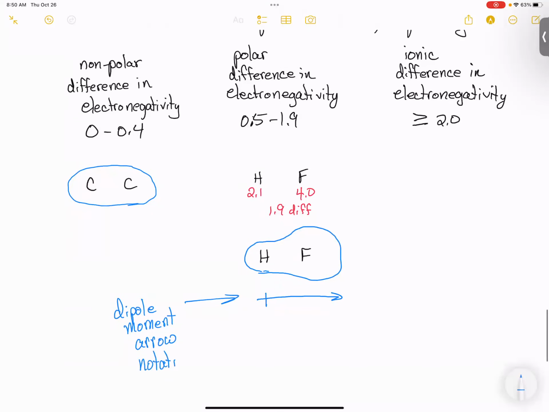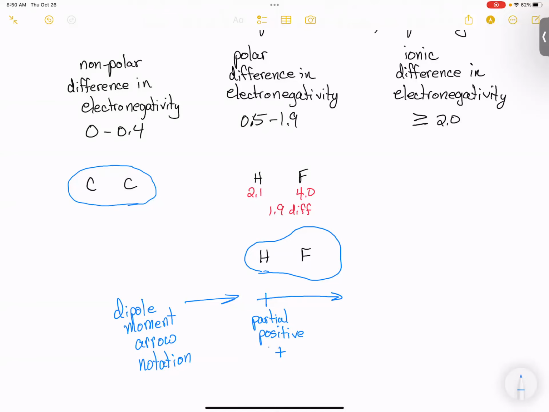And it is used for polar molecules. The crossed end of the dipole moment arrow means that that is a partial positive. It's easy to think of because positive is usually written with a plus sign. You've got a plus sign there.